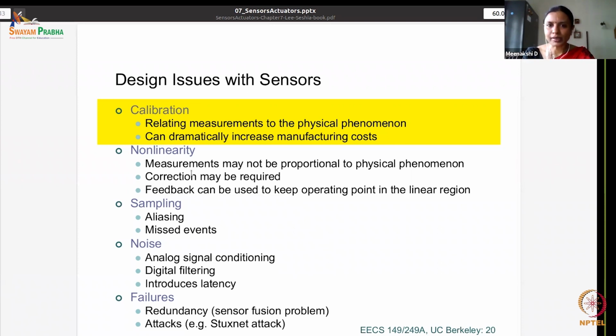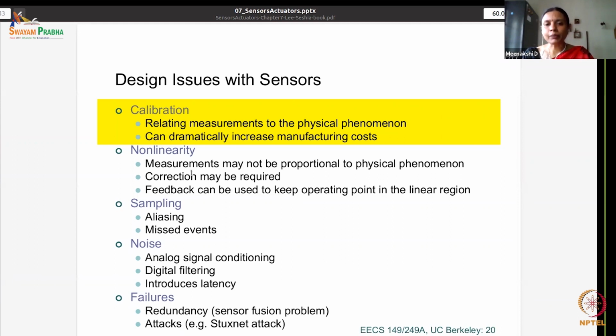Measurements taken by sensors may not be proportional to the physical phenomenon, mainly because of sampling. We sample at certain rates, at certain frequencies, and in between the sampling intervals we actually lose track of what happened in the physical world. So we might need some corrections to make up for that, and we might need to cater to feedbacks that result because of this.